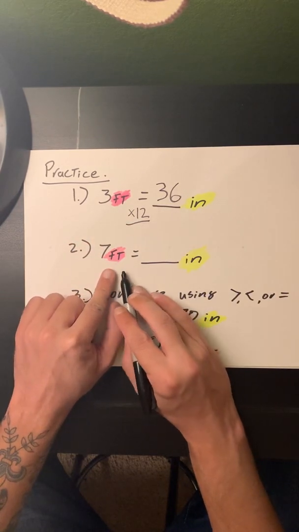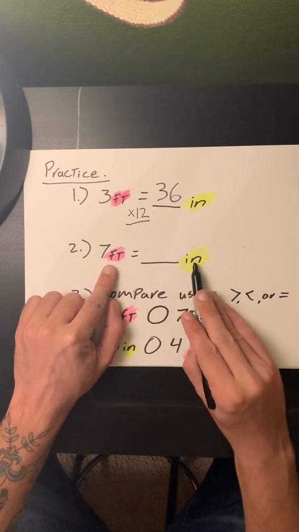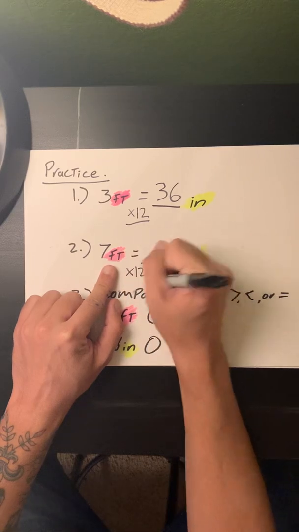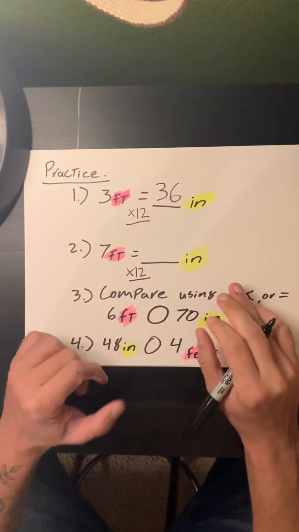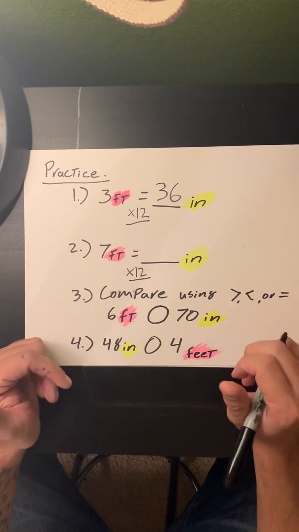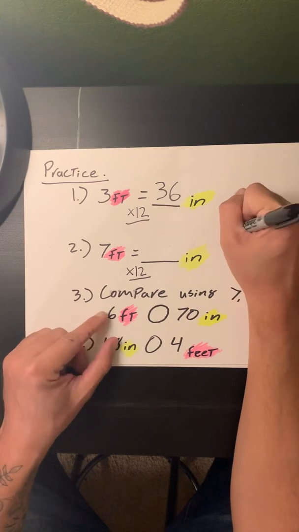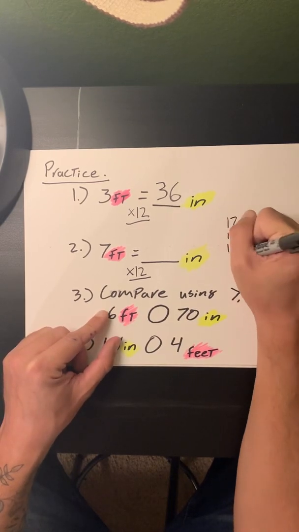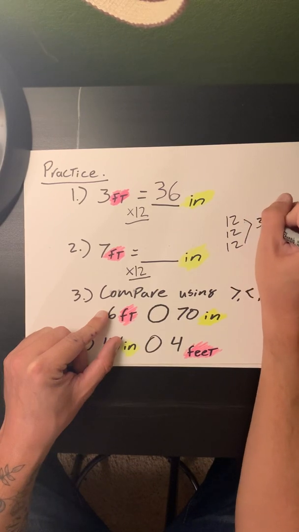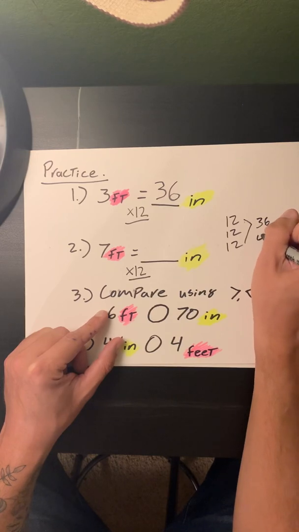Again, another conversion problem where I'm converting 7 feet into inches, and I'm multiplying by 12. And if it's been a while since I've practiced multiplication, I can do a skip counting method, or I can add up on the side. 7 12s, there's 3 12s, that's 36, and I know that 4 12s is 48.